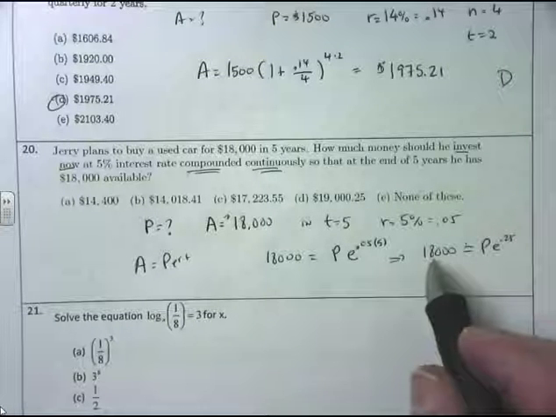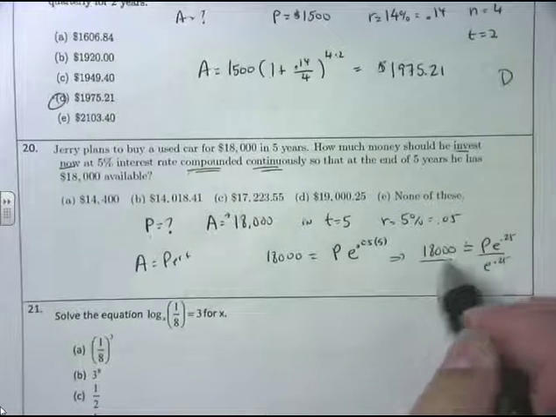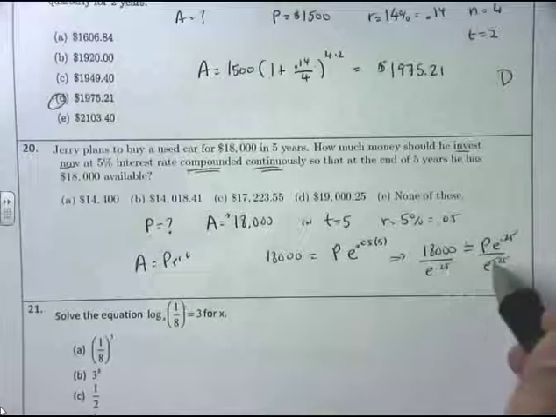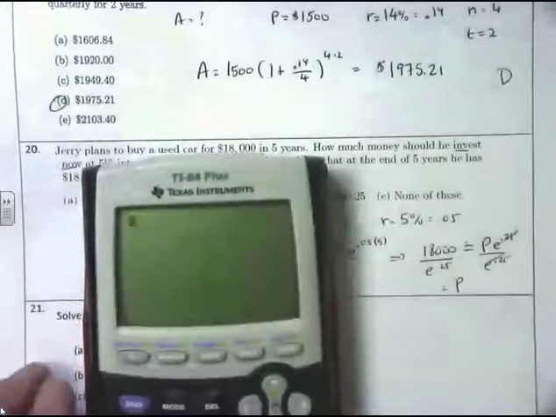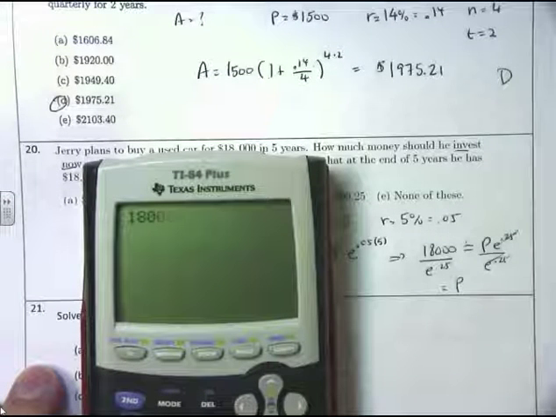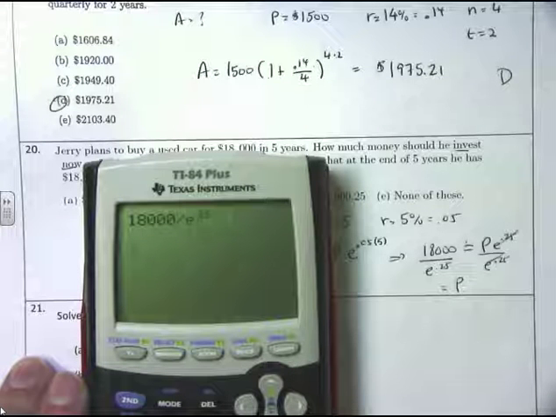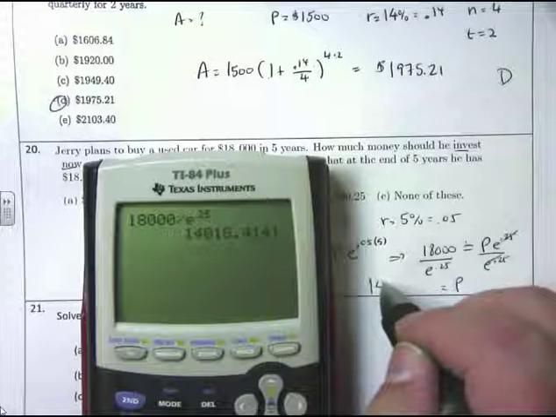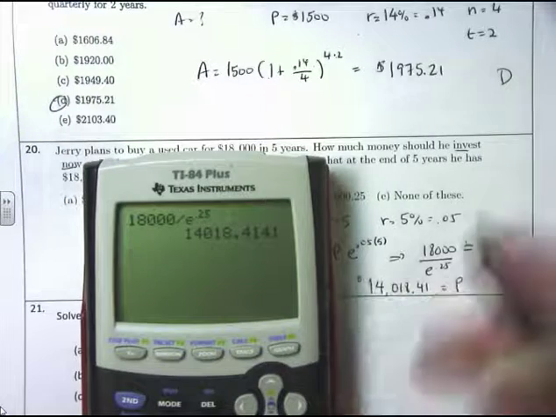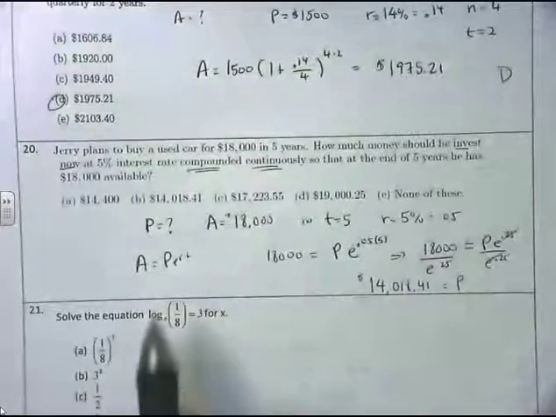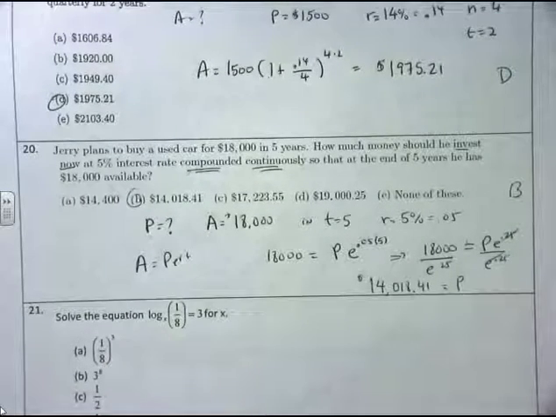And if I have 18,000 equals P times a number, I would divide by the number, divide by e to the 0.25, and solve for P. So P would be equal to 18,000 divided by e raised to the 0.25, which I get $14,018.41. That's how much he needs to invest right now to get 18,000. It looks like B right there. Answer is B.